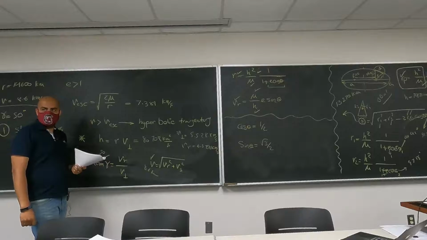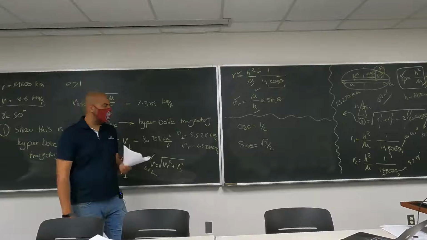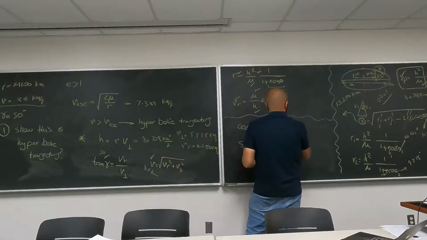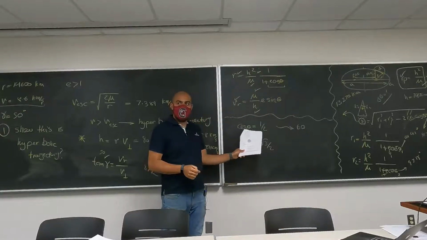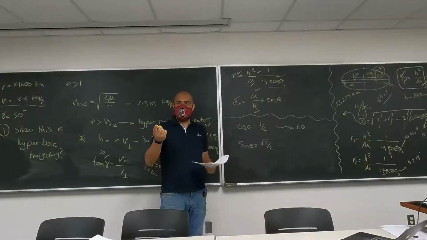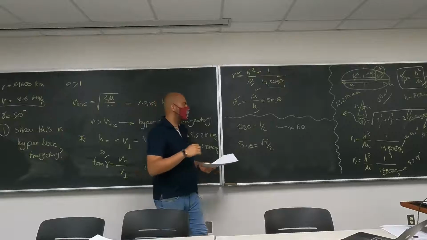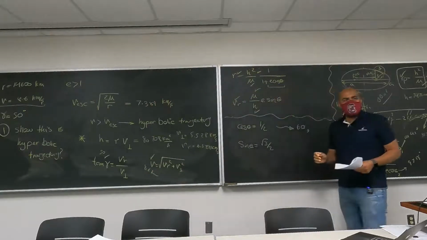What is theta here? 60 degrees, right? Pi over 3. But for your cosine, we have pi over 3 and pi minus pi over 3 as well. It is in the 2nd quadrant.